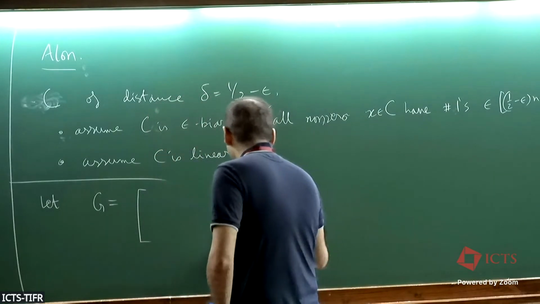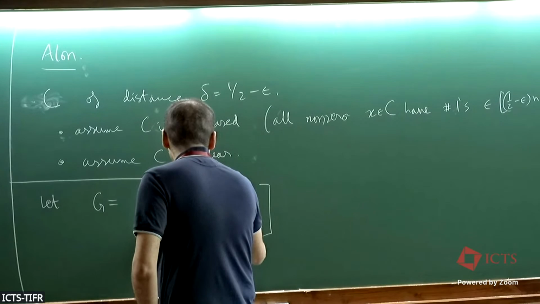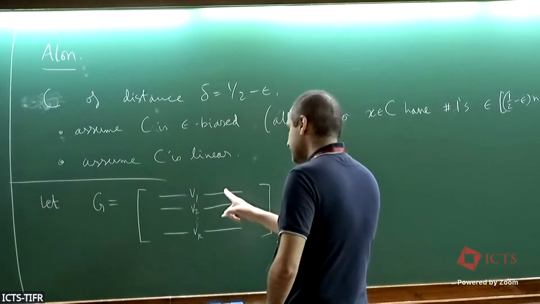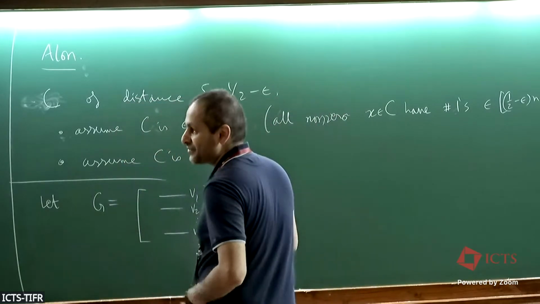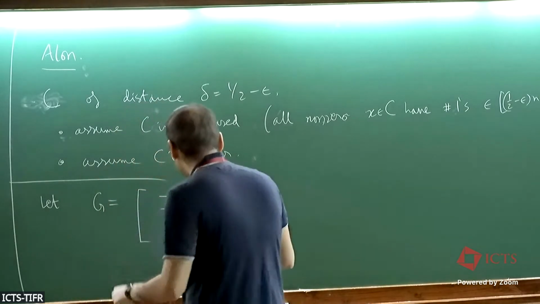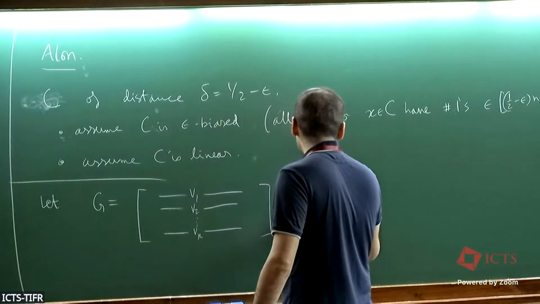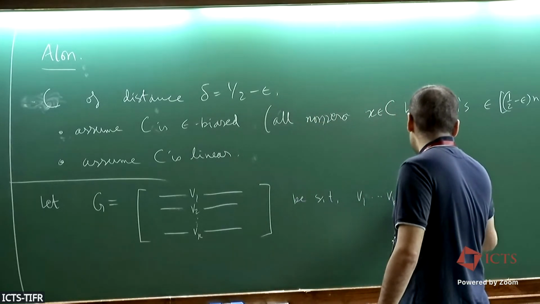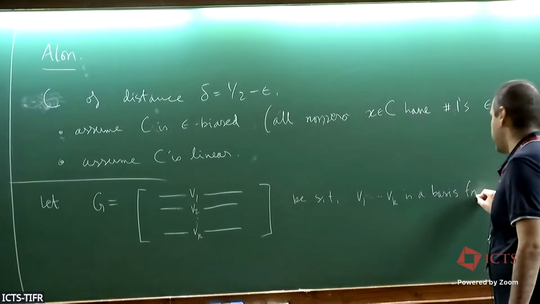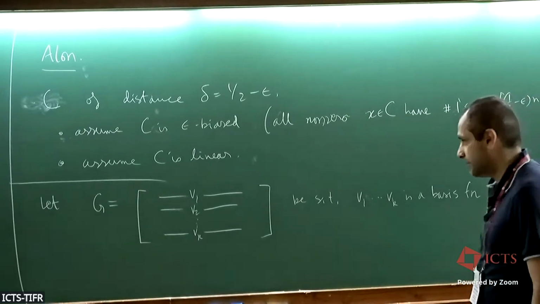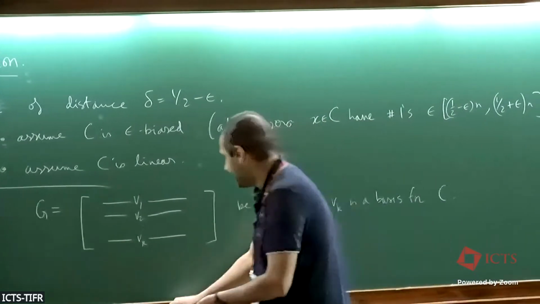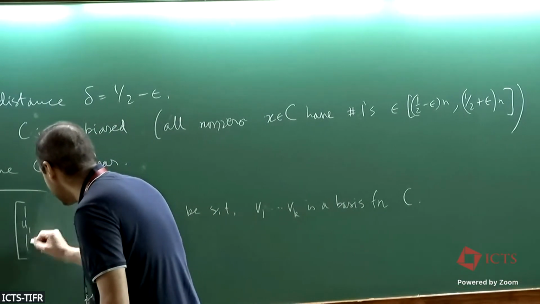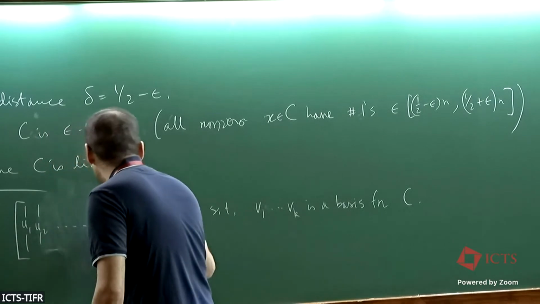I take v1, v2, up to vk such that v1 up to vk is a basis for C. And I'm going to take the same matrix and look at its columns, u1, u2, up to un.